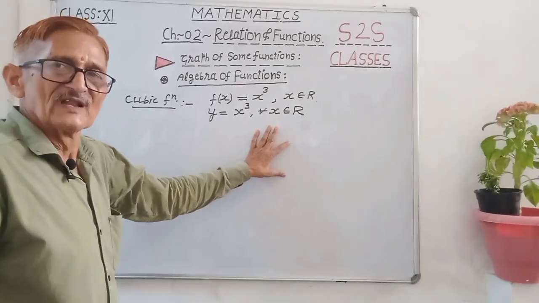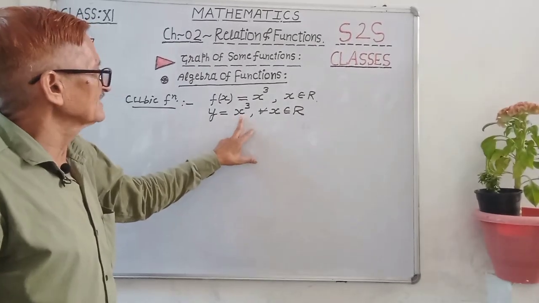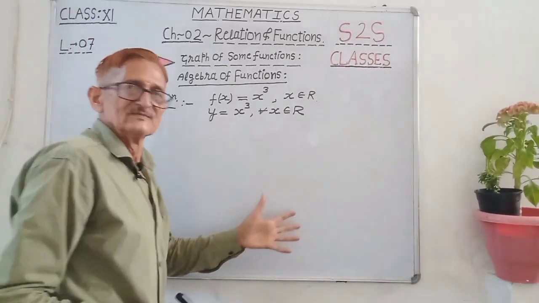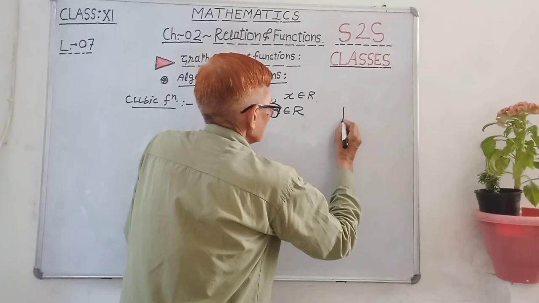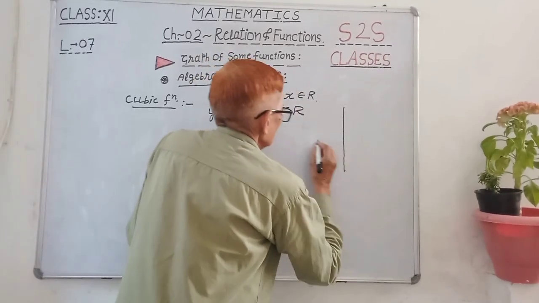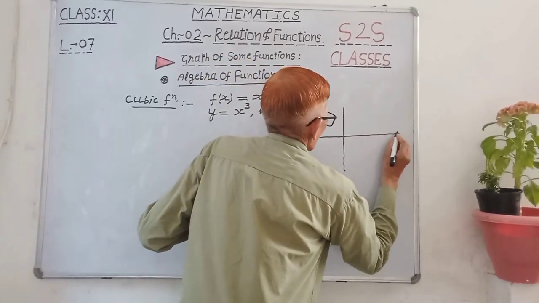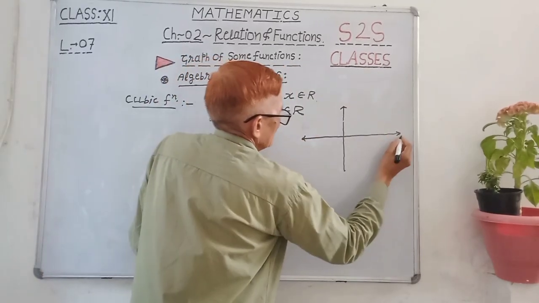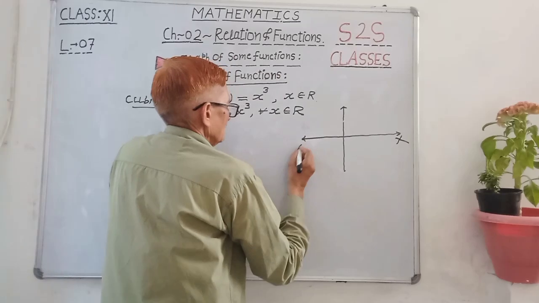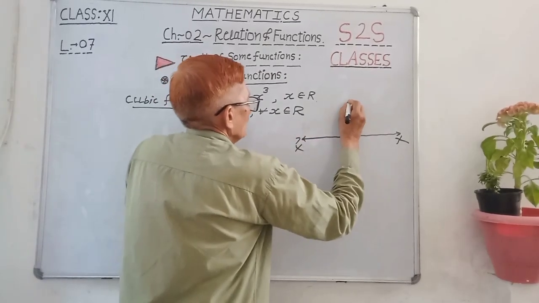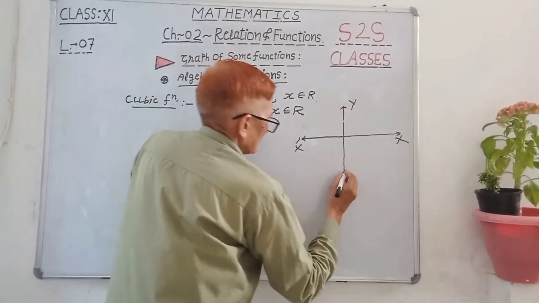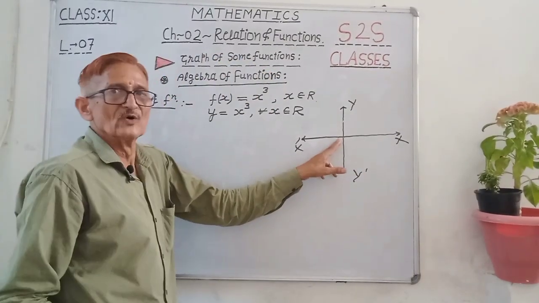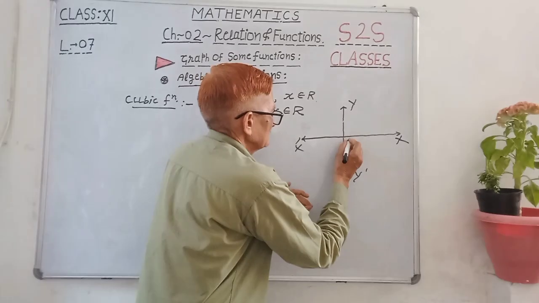If x is any negative real number, the negative whole cube is negative, so all values will come. Now if you draw the graph of this function, it will have the x-axis, negative x-axis, y-axis in the rectangular system, and negative y-axis, and this is the origin where both axes intersect.